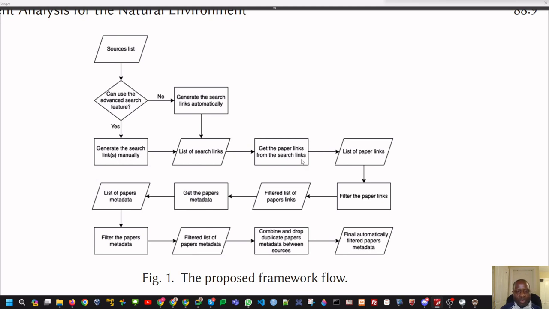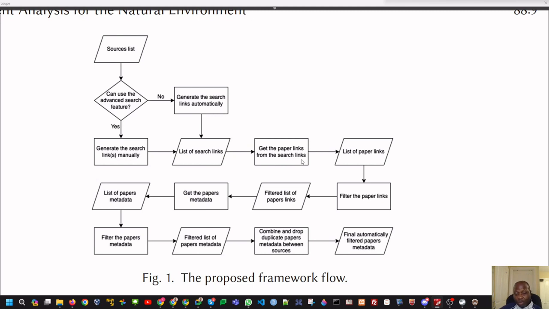Normally, what they mean by search links is that you can run a query, but sometimes your query can lead to a full link, such that if you access that link, you get a list of papers. And I think that's a good approach, because you can give that link to anybody, and when they access that URL, you see the papers that they included.